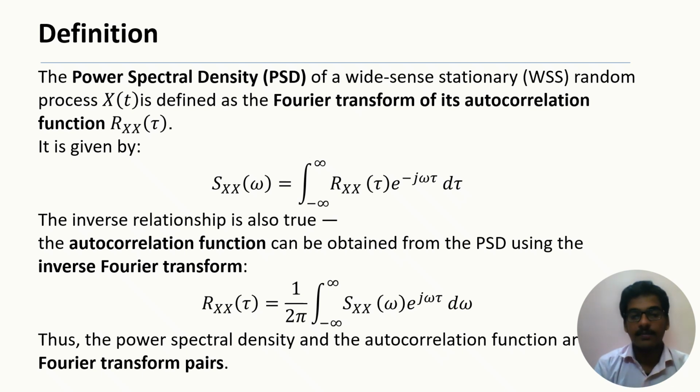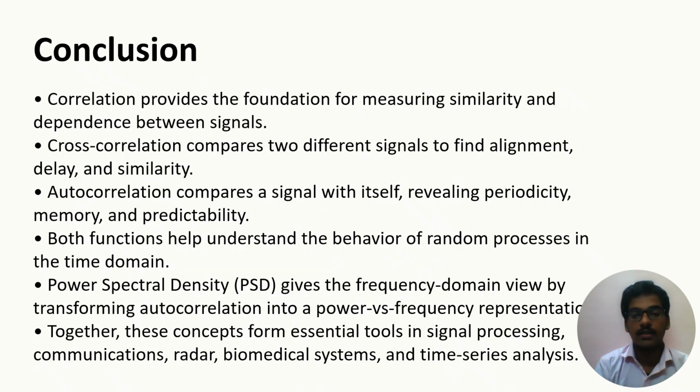Let us see the conclusion. Correlation provides the foundation for measuring similarity and dependency between signals. Cross correlation compares two different signals to find alignment, delay, and similarity.